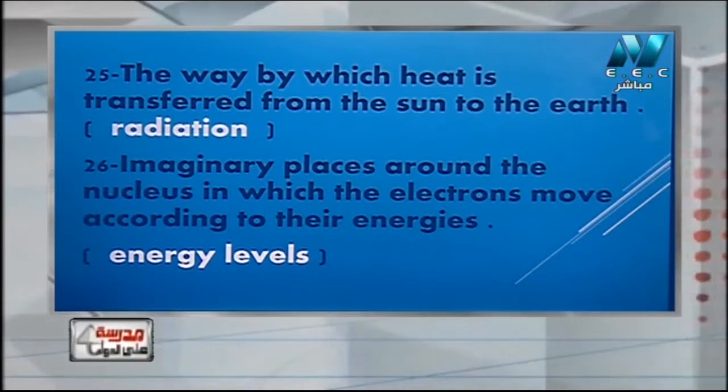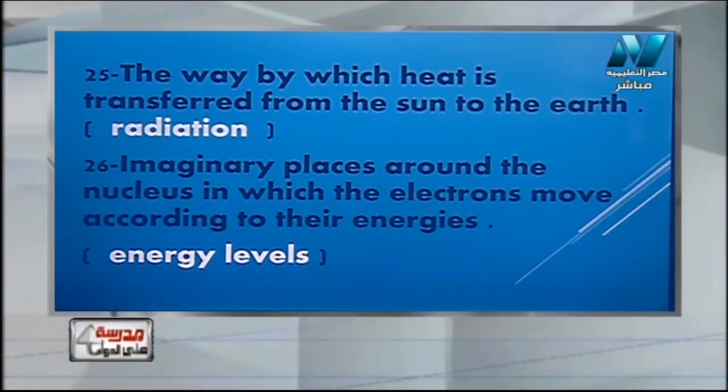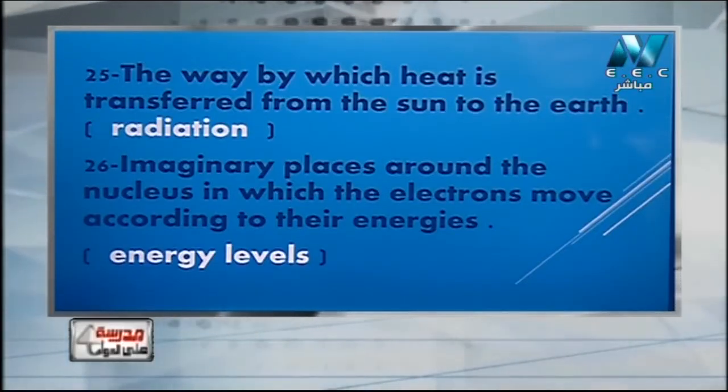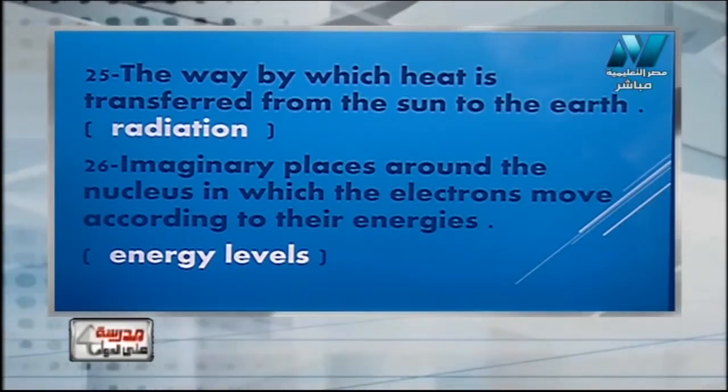From the lamp, that means that heat comes from higher to down, so it is also radiation, not convection here. But from the heater, sometimes I can say radiation, or I can say convection, but here radiation. 26. Imaginary places around the nucleus in which the electrons move according to their energies.